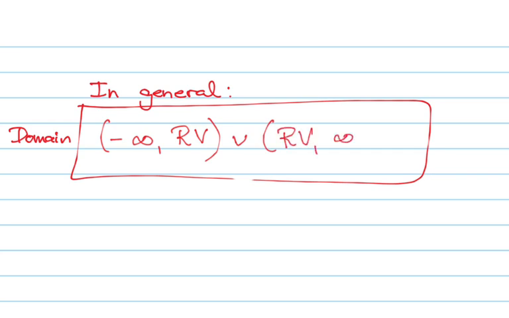That is kind of your rational domain recipe. You find the RV and then you plug it in there. Right? Right. Again, the RV is the value that gives you a 0 in the denominator.